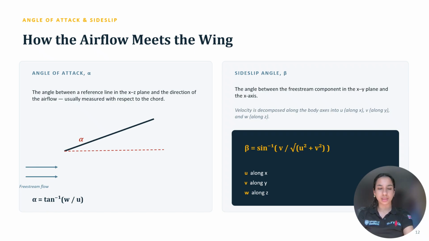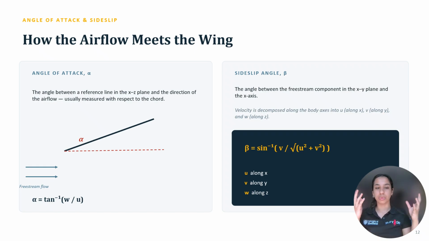Here you could see alpha is the angle of attack, and to find alpha we take the arctan of w over u. w over u is like a reference line in the xz plane and the direction of the airflow.